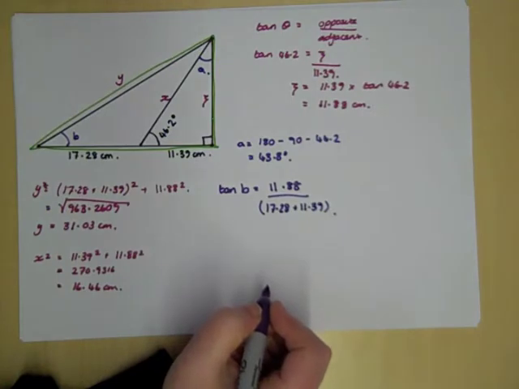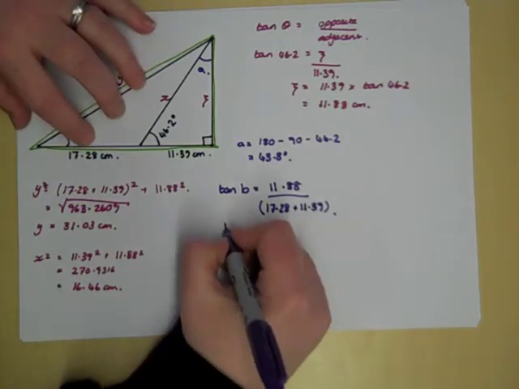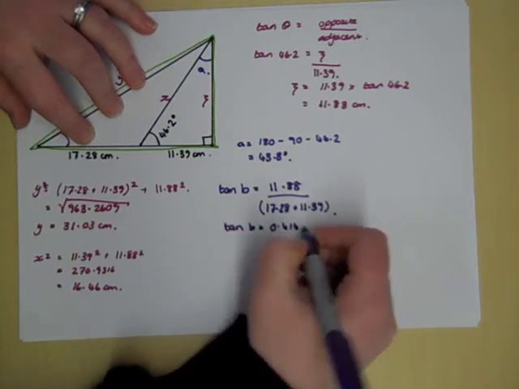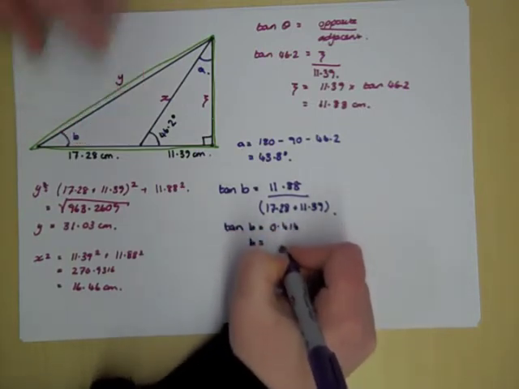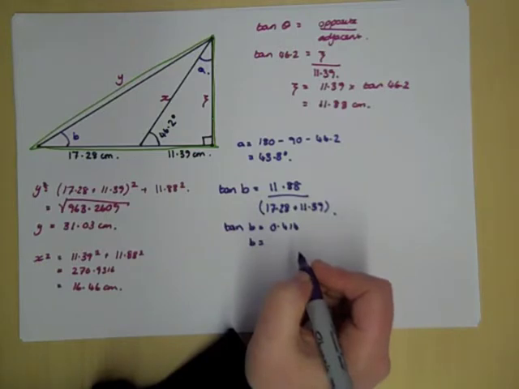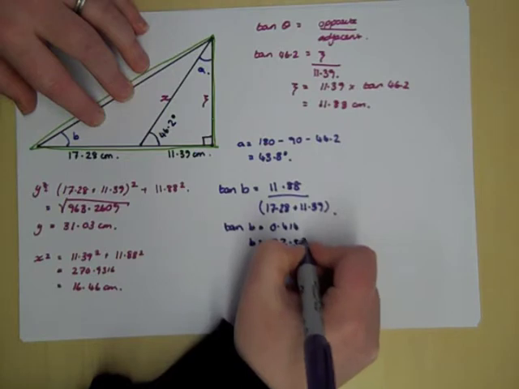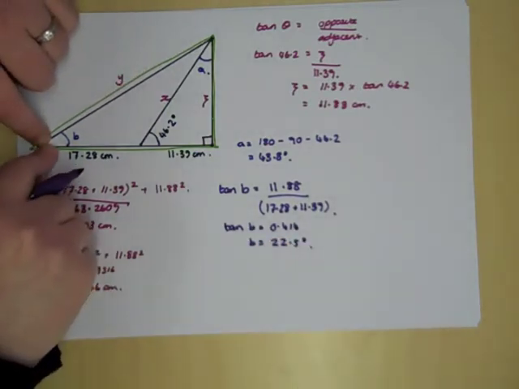And so if I were to work that out, tan B is equal to 0.414, or B is equal to 22.5 degrees. So here I know this angle.